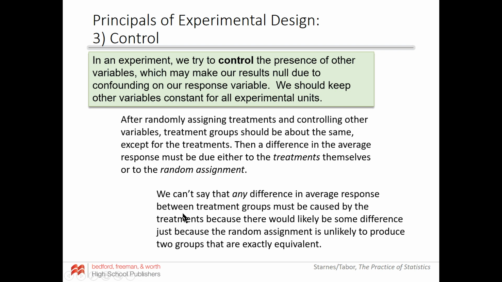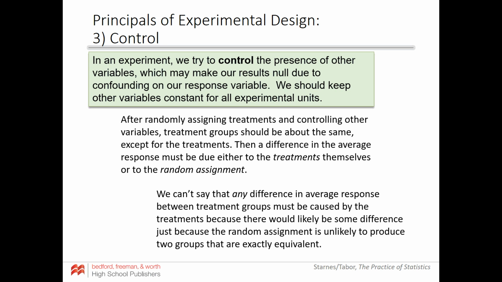Just because, and let's say I give them both my new medication, just because they're living essentially identical lives, that doesn't mean they're both going to have the same outcome. In other words, one brother could have a massive heart attack and the other one could not, right?